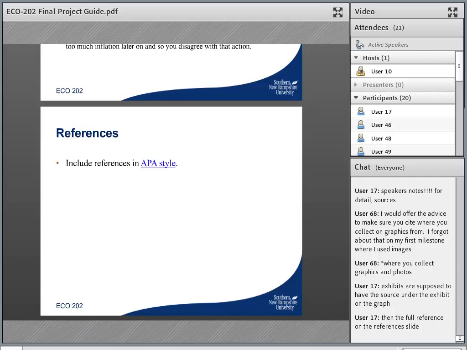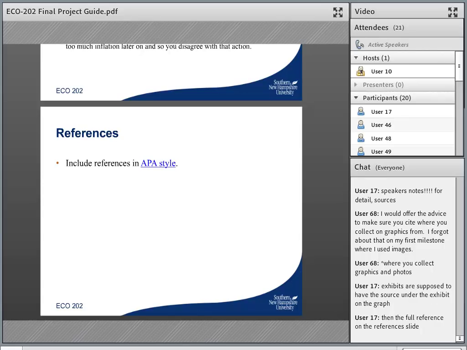But if you're just doing a kind of silly picture, like a cartoon dollar bill that you get from Creative Commons licensing, then you wouldn't have to cite that. And if you're at all unsure, we've got great resources here at SNU. The Writing Center and Shapiro Library can help with a lot of citation management if you're not sure about an image or something. But any graph that you get is definitely going to be cited.